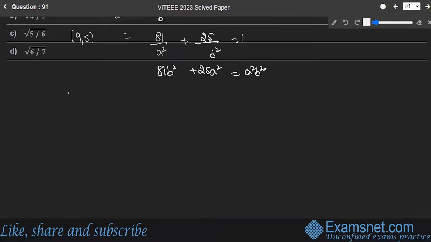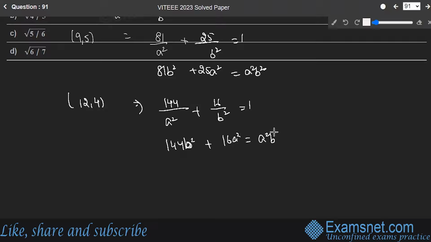Okay. Similarly, if the ellipse is passing through 12, 4, this equation will give you 12 square, that is 144 upon a square plus 16 upon b square is equal to 1, or 144 b square plus 16 a square is equal to a square b square. So from 1 and 2, both of them are equal.